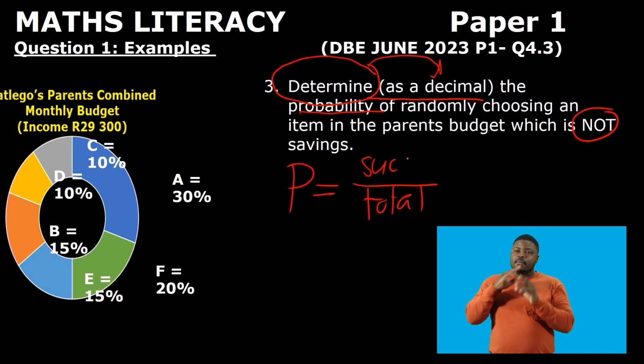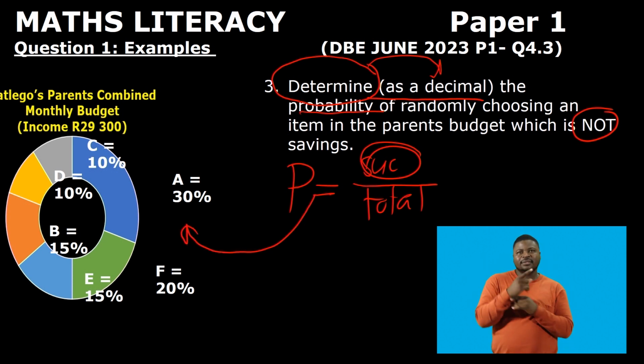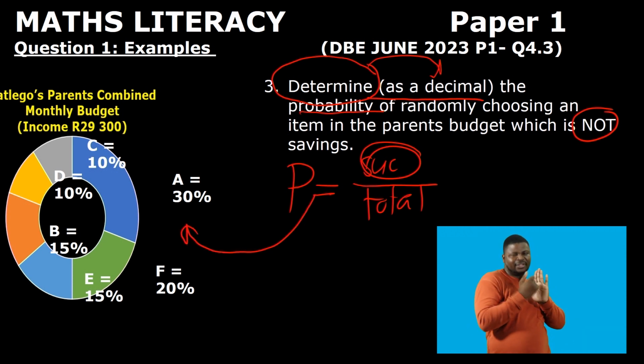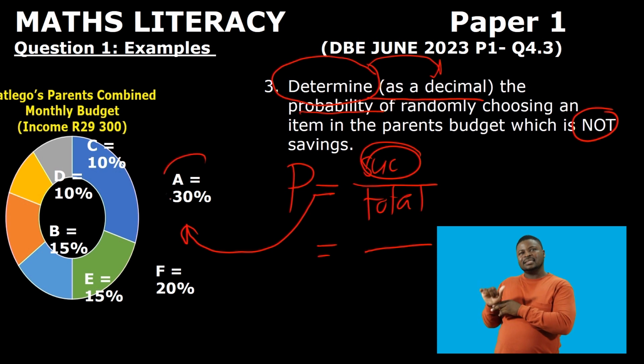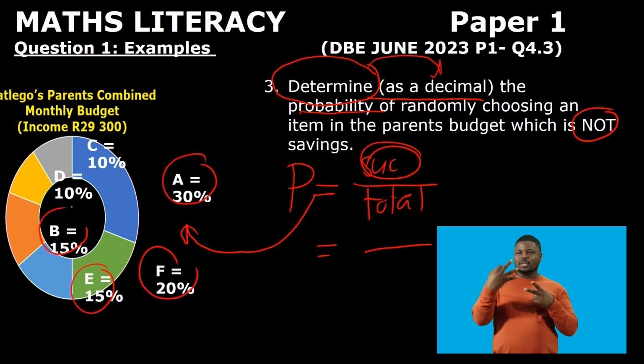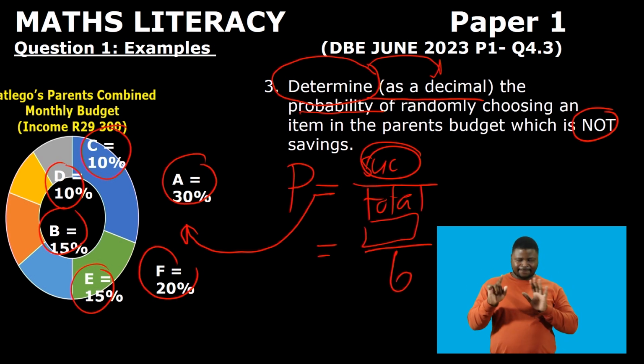But now to go and get the successful, we need to look at the key of the pie chart and then say, well, okay, the total is going to be 6 because it's 1, 2, 3, 4, 5, 6. So it's over 6, and then we need to go back to the key and look at what is not savings. Now that was quite a mouthful.